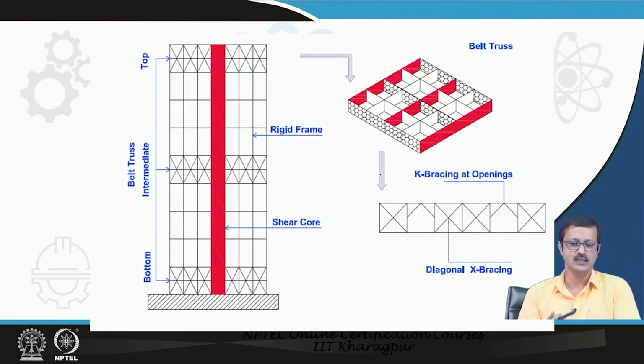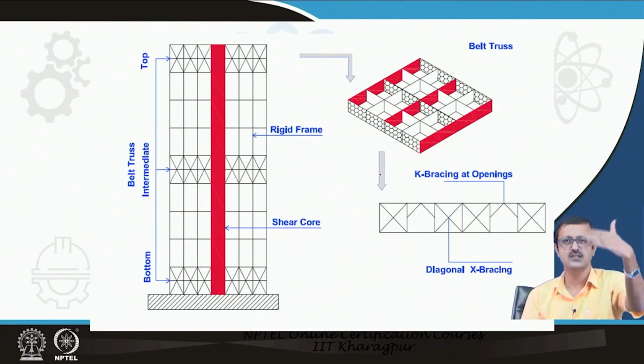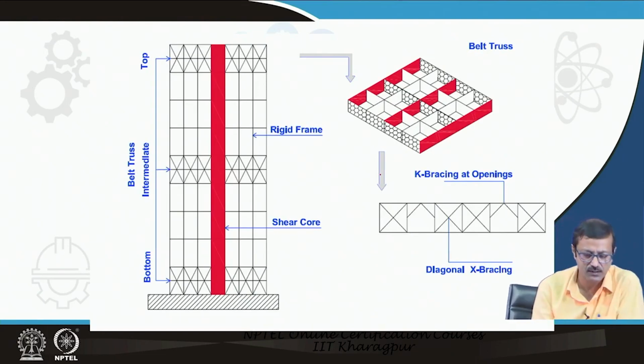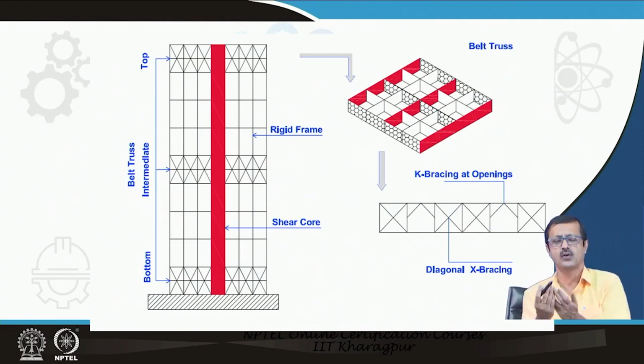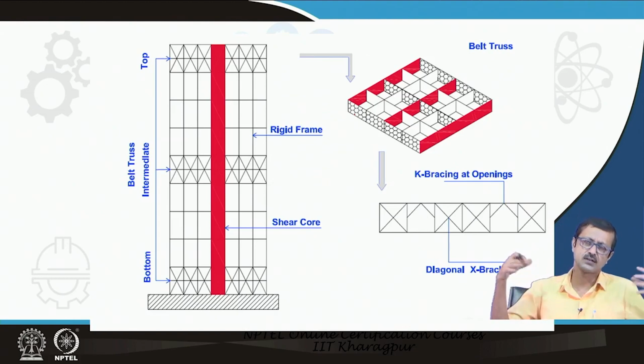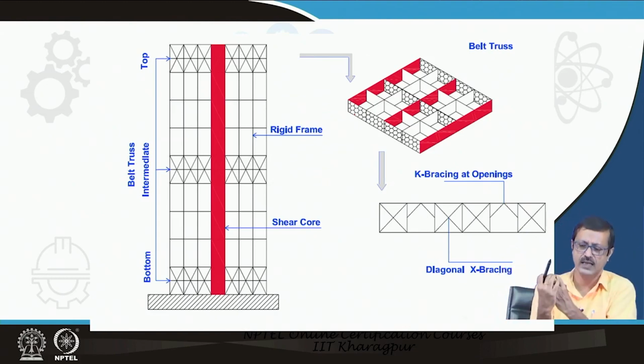This is the typical cross section of the outriggered structure. After such and such an interval, you can provide a kind of belt at a floor, which will have intensified diagonal trusses, or maybe a shear wall.